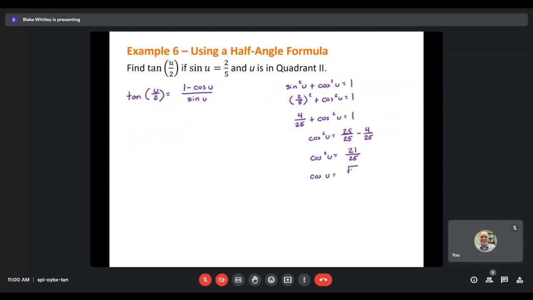And that's going to give us the square root of 21 over square root of 25 is just 5. Now, don't forget, technically there's a plus or minus here because of that square root. And because we're in quadrant 2, the u value itself is in quadrant 2. That tells us that cosine of u has to be a negative value. So we want to make sure we take the negative for that.